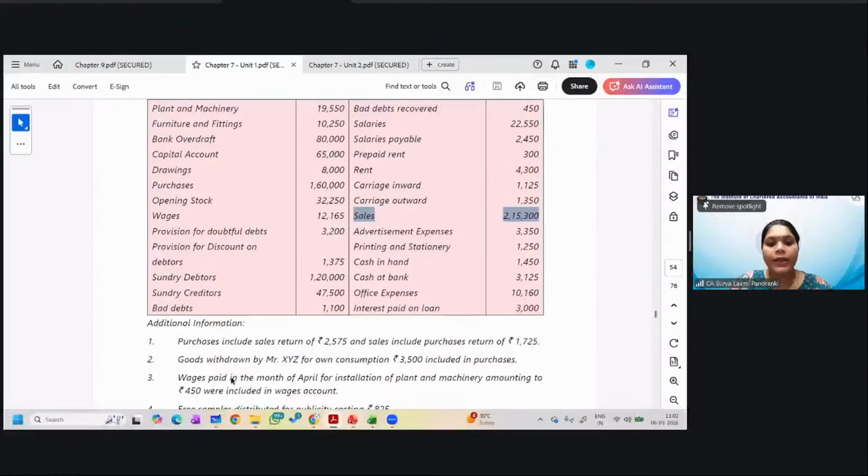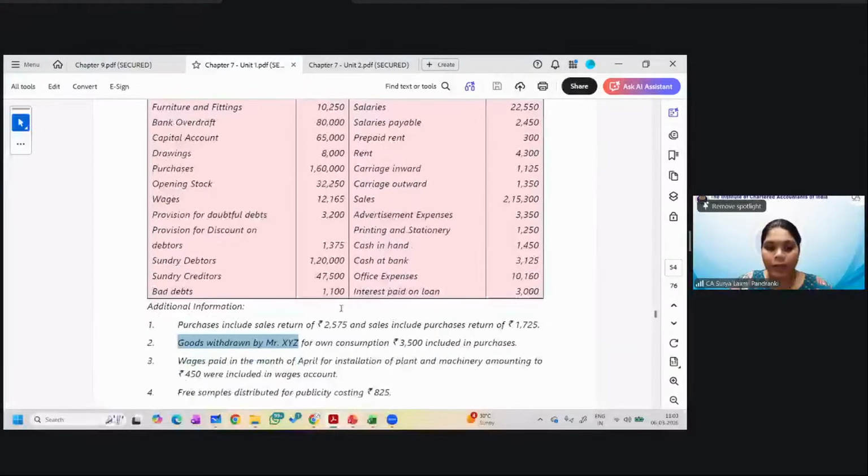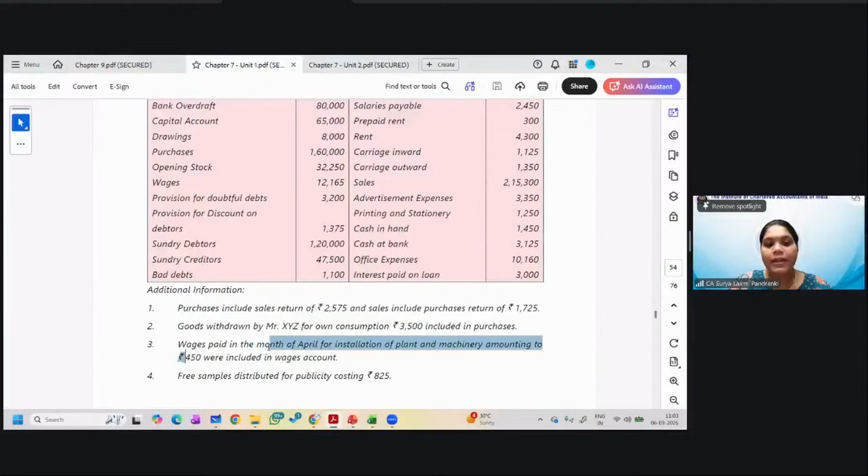This is one thing. Next, goods withdrawn by Mr. XYZ for own consumption. These are drawings, which are included in purchases. For this, you will have to post one entry. Then wages paid in the month of April for installation of plant and machinery amounting to 450 were included in the wages account. So this is for the installation of plant and machinery, which means it should be added to the cost of plant and machinery and not wages.